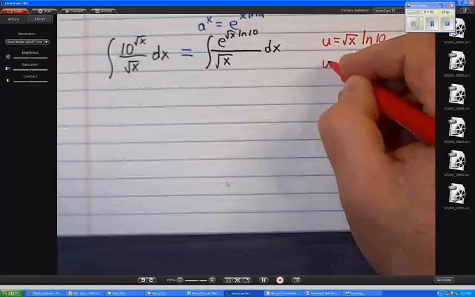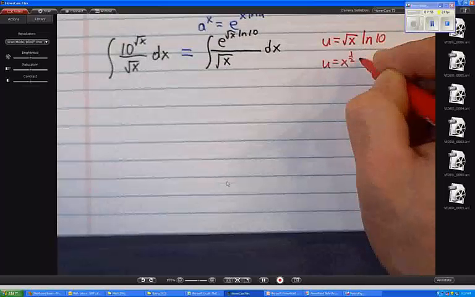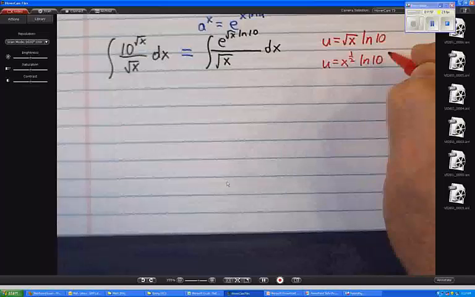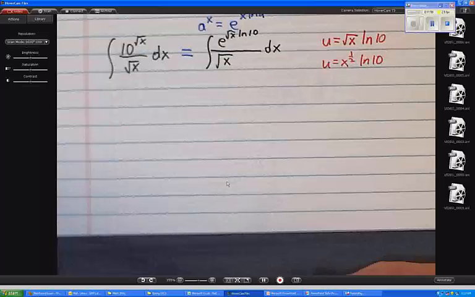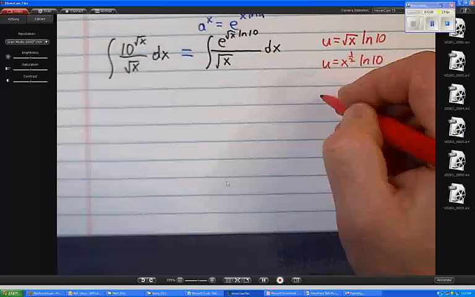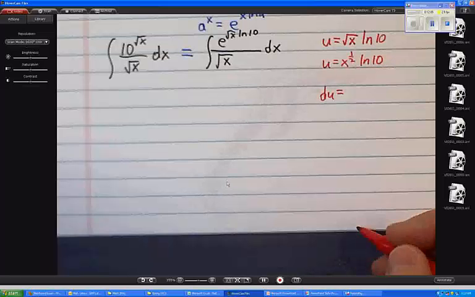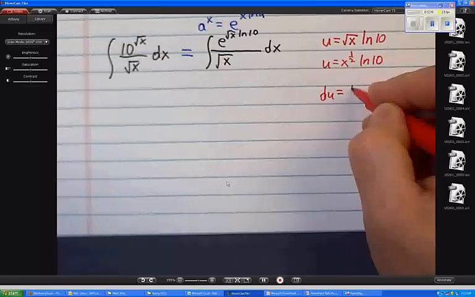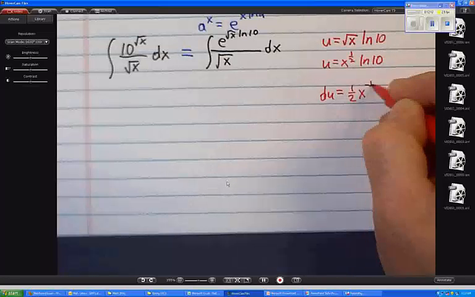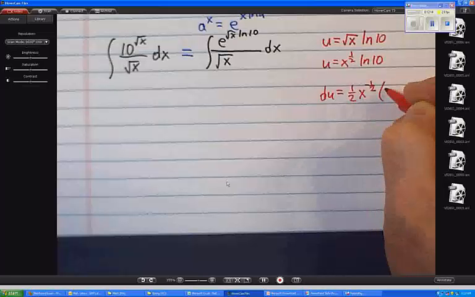U is x to the 1/2 times the natural log of 10. Right? Okay. I need to compute du. What does du equal? Times the natural log of 10 still.